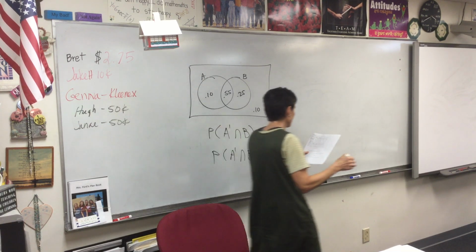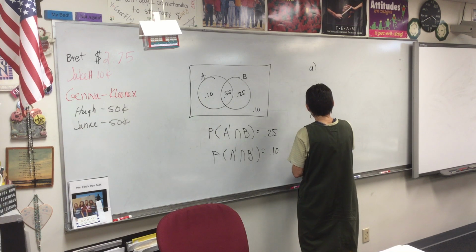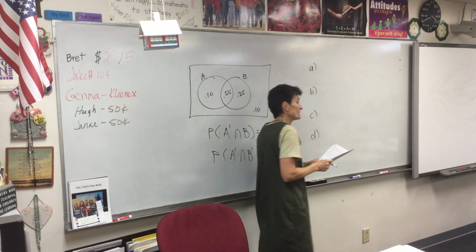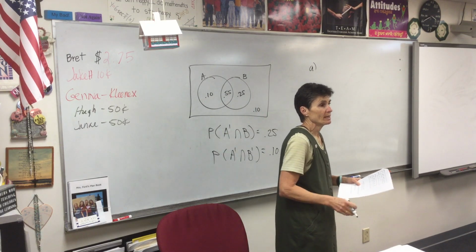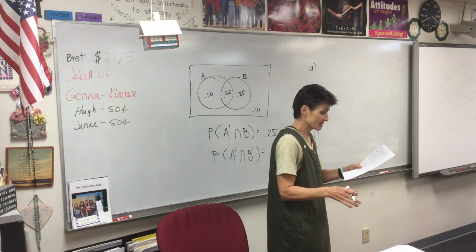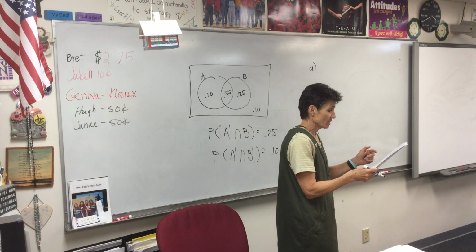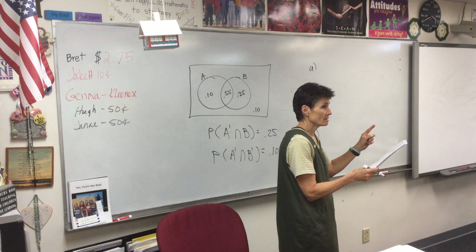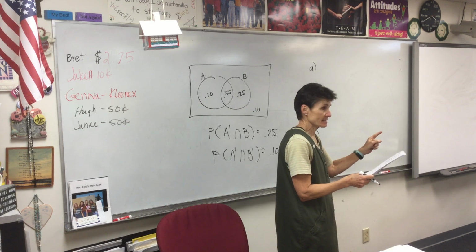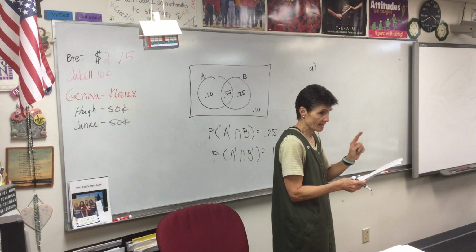Now number 16 with the charts. What is the probability that neither student likes science? So what that means is the first one doesn't like science and the second one doesn't like science.